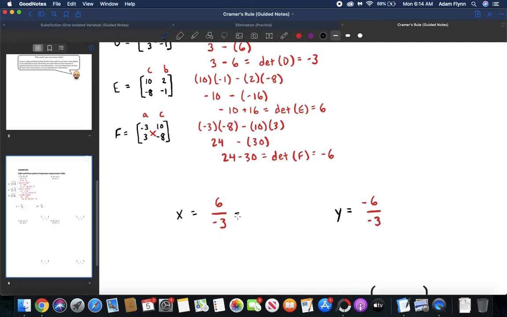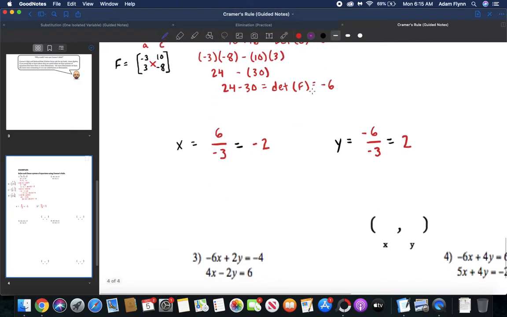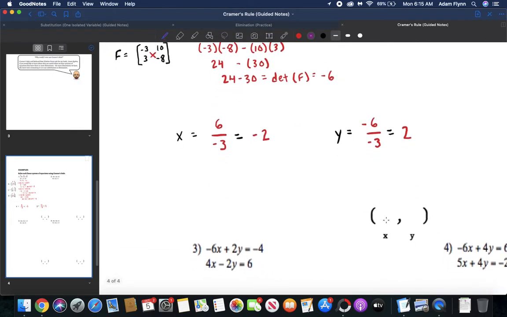So if we simplify those, 6 divided by -3 is going to be -2. And -6 divided by -3 is going to be +2. So if I scroll down just a little bit, the solution to this system of equations is going to be the point -2, 2.